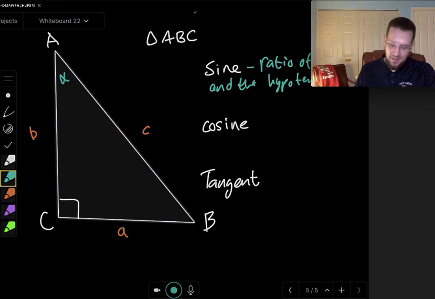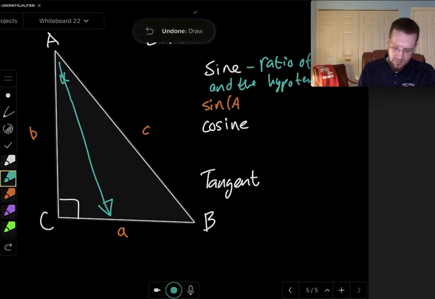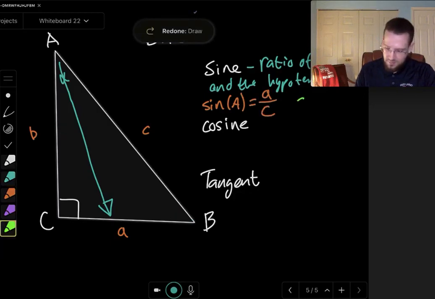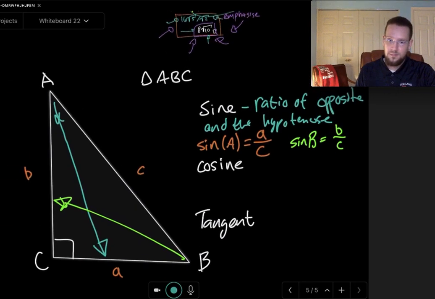The opposite side would be the one that's across from angle A. So sine of angle A would be the opposite, which is this side, little a, over the hypotenuse, which is always across from the right angle, which is C. And we can even look at sine B. The opposite is going to be little b, the one that's right across from angle B, and the hypotenuse stays the same. It would still be C.